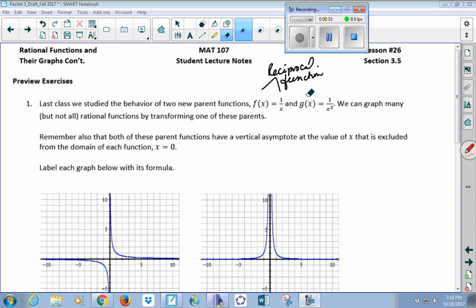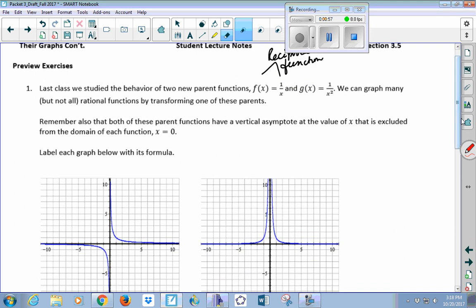The transformations that we studied a few weeks ago, vertical and horizontal shifts, or vertical and horizontal shape changes by stretching or compressing them. Remember also that the value of x that's excluded from the domain here, in this case x cannot be 0 for either one of these functions, became the vertical asymptote on the graph.